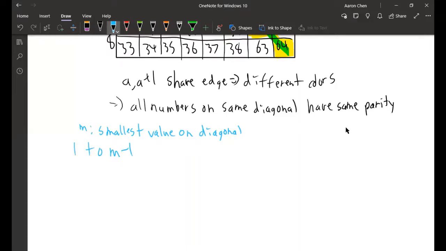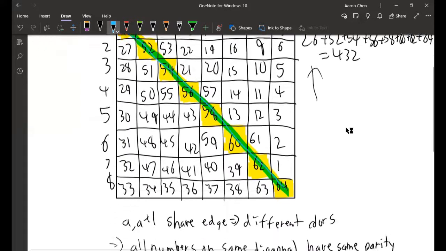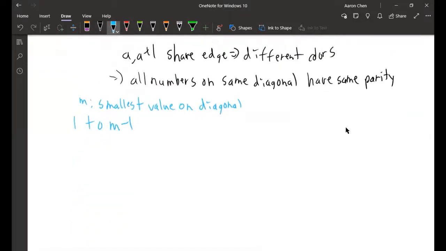And the reason for this is just because the main diagonal splits it into two pieces, and since m is the minimal number on the diagonal, that means that none of the numbers that are smaller than m lie on the diagonal. And so that means that 1 to m minus 1 all lie on the same side of the diagonal.